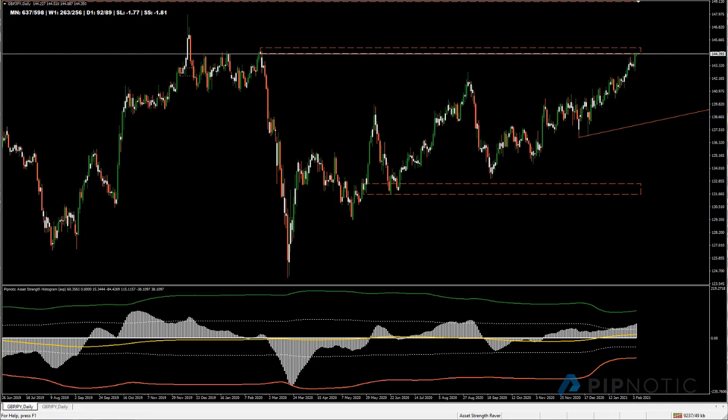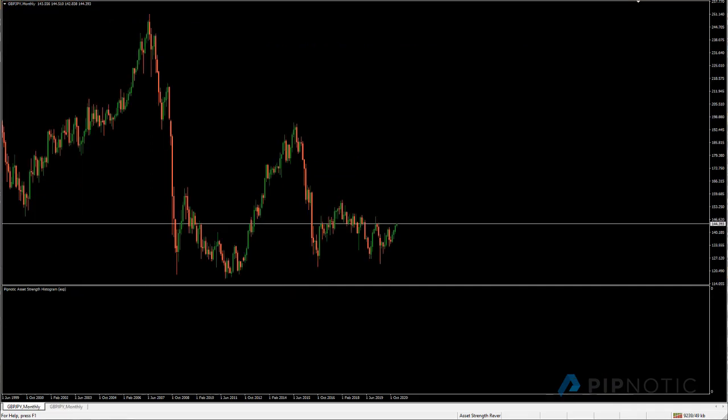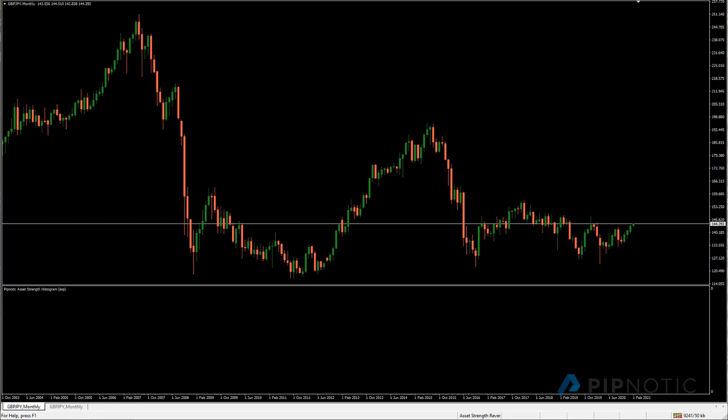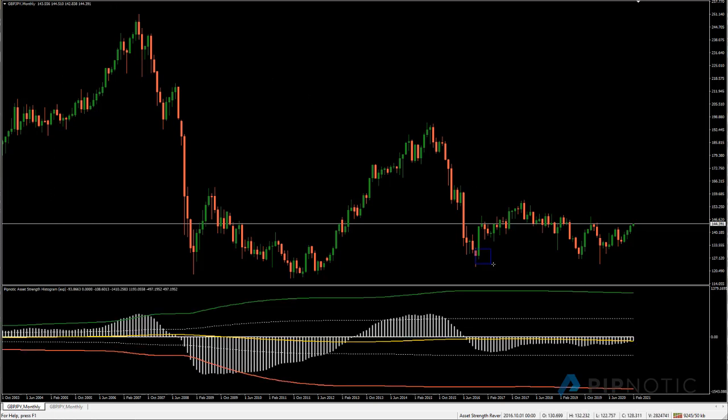So let's have a macro look on the monthly, and see what we have going on. Well, we can see very clearly here that we have this nice spot right here, and I'm marking off the low here because this is where the candle left from.